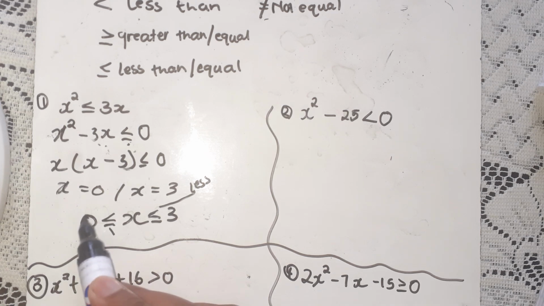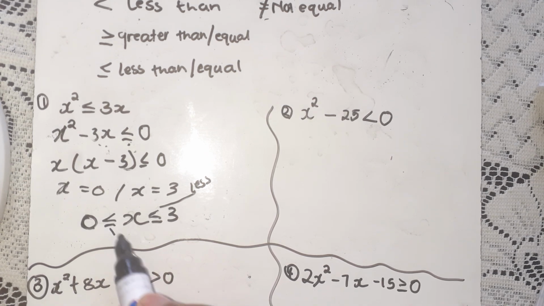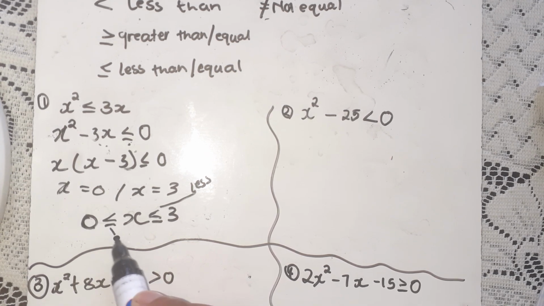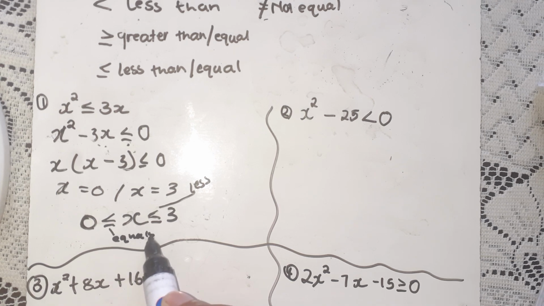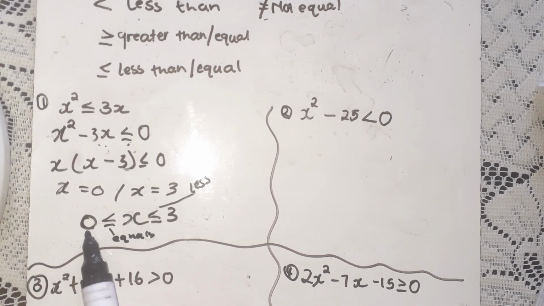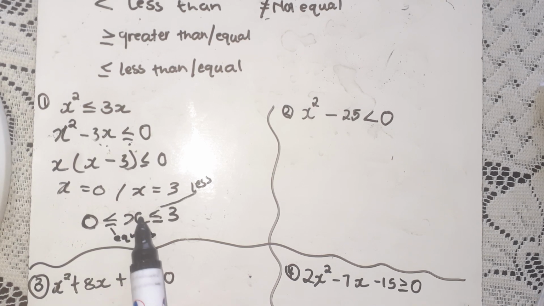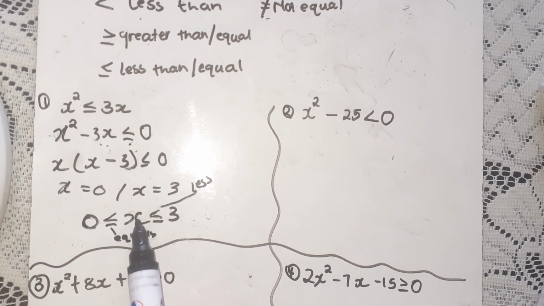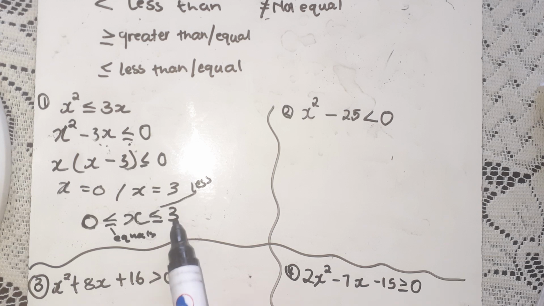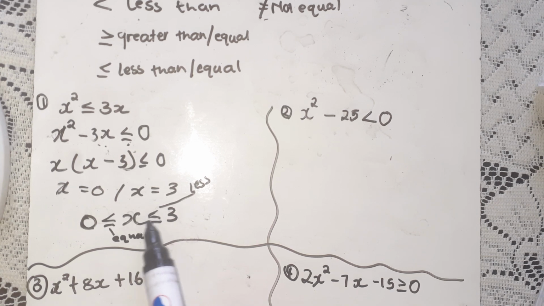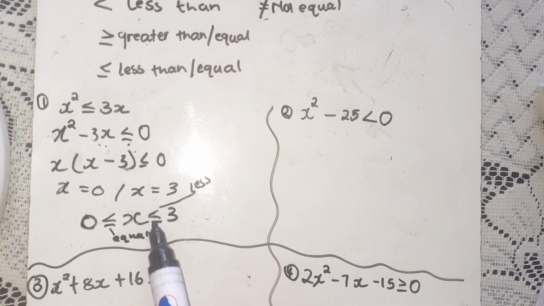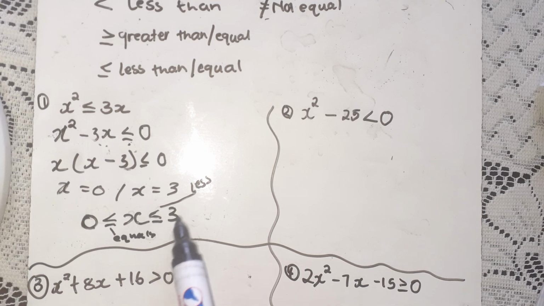Here we'll say when 0 is less than or equal to x, but we'll take the equals. So you write it like this: 0 is less or equal. Here x will be less or equal to 0 when x is equal to 0. And this side, x will be greater than 0 when x is less than 3.